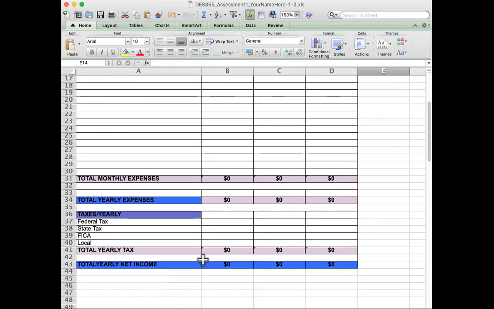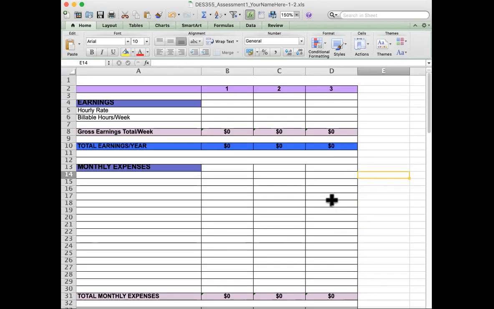Everything will be totaled up, and I'll show you this in a second. And then you're going to do your taxes based on that calculator. So you're going to do 1 month, 2 month, 3 month. And then from there, you're going to design a completely different look to this. So you're going to use the same information that's in this chart, but you're going to design it in a way that looks tailored to you, a nicely designed table of your own.